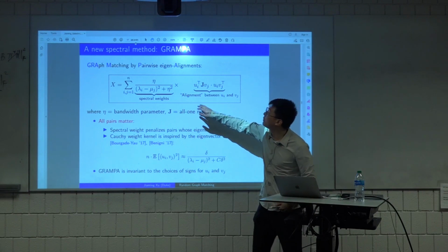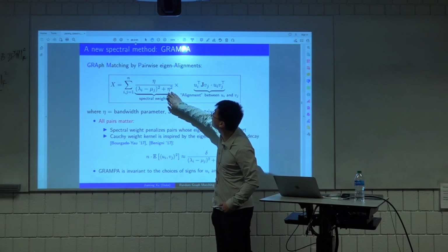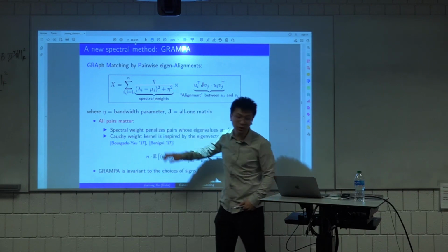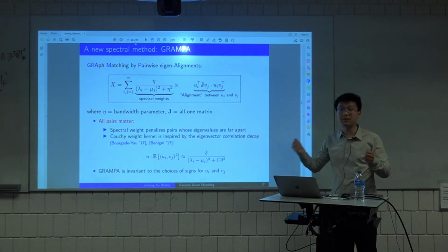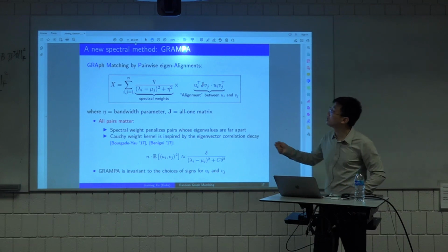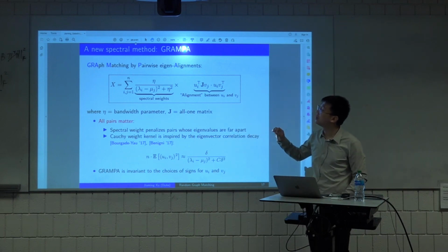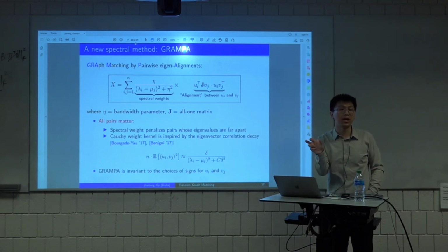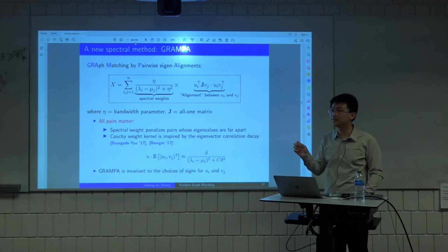So basically, if you don't have the eta here, like if eta is really, really small, then you only look at those lambda_i and mu_j that are very close. But then you have the noise in the problem, right? So this lambda_i and mu_j are going to perturb a little bit. So you want to choose some eta, roughly according to the noise, so that you do not focus too much on this narrow band of lambda_i and mu_j. So it makes the method more robust to the noise perturbation. Yeah, that's my intuition on this.